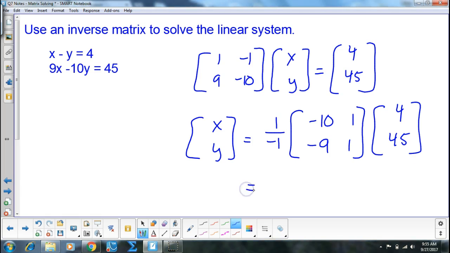So that's going to be negative 1 times negative 40 plus 45 is 5. Negative 36 plus 45 is 9. Right? Negative 40, positive 45 is 5. Negative 36, 45 is 9.